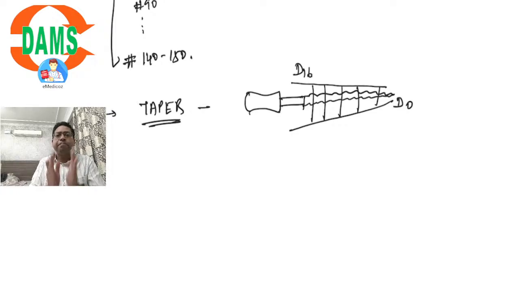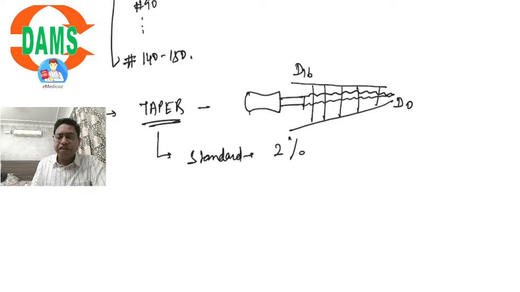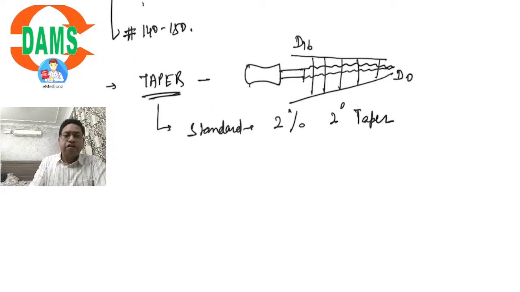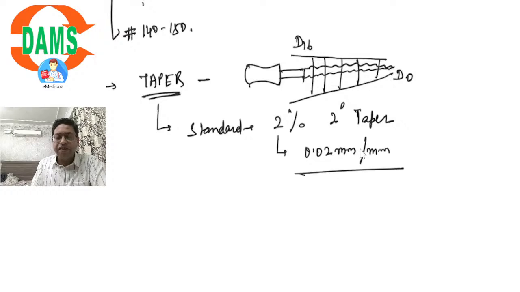So instruments are tapered. What taper? Standard ISO instruments have a 2% or 2 degrees taper. What does it mean? Percentage is out of 100. So it basically means 0.02 millimeter per millimeter.